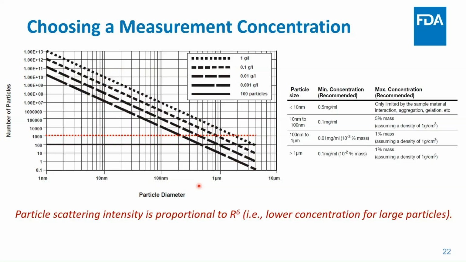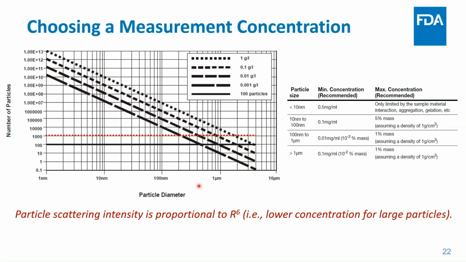And so one of the assumptions in dynamic light scattering is that there is a constant number of particles inside the scattering volume. And so for a system like this to work, in general, they say you need at least 1,000 particles within that scattering volume.